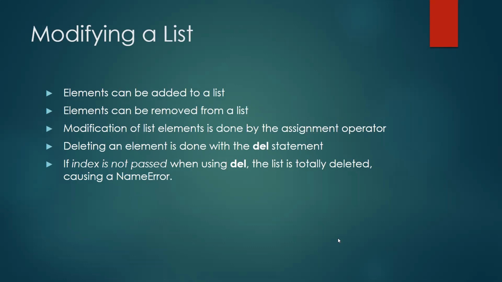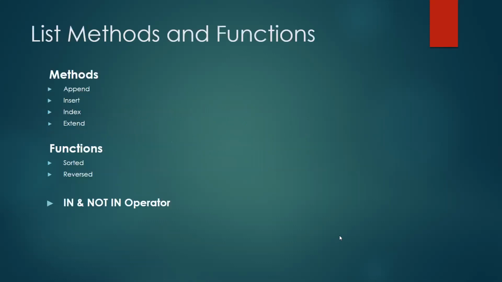We have different methods and functions that we can use to modify a list. We're going to be looking at the methods to modify a list. We have the append method, the insert method, the index, and the extend method. Why do we have all these methods, and how can we use them in Python?